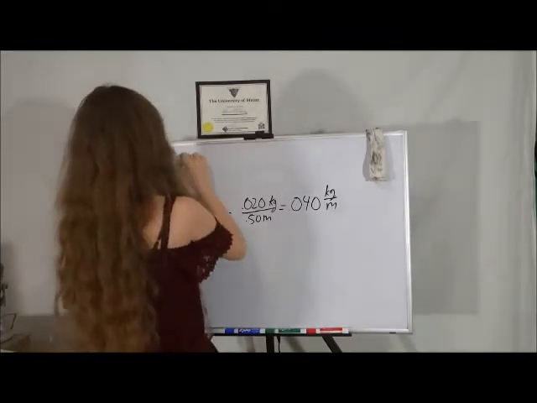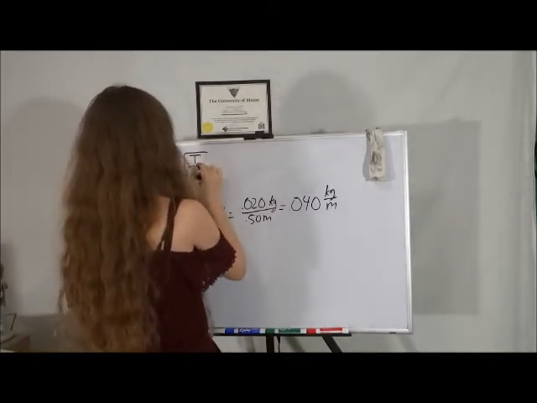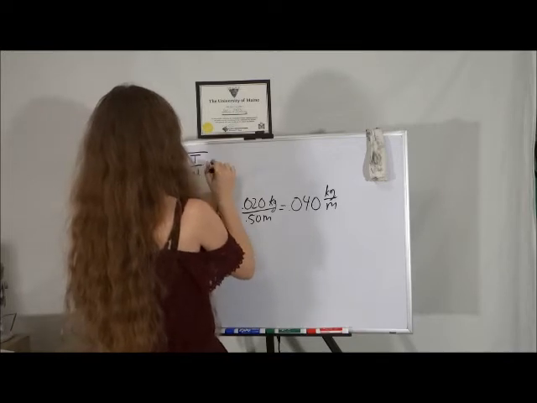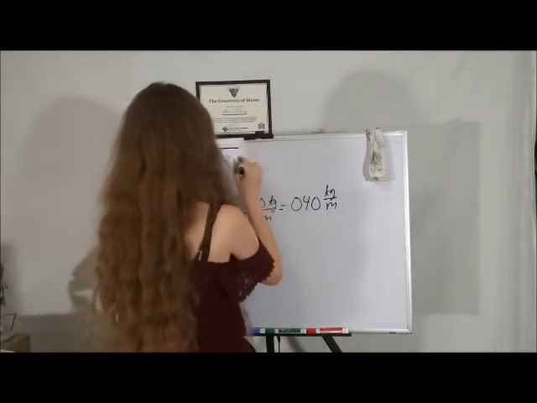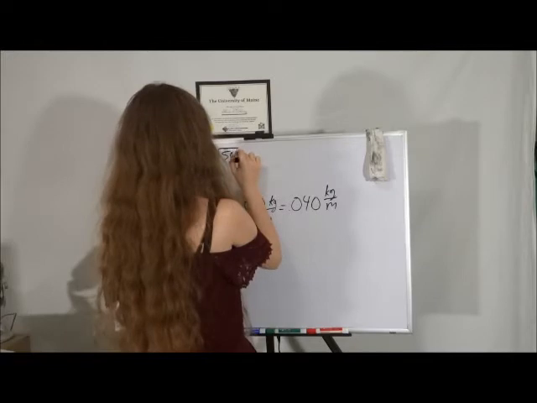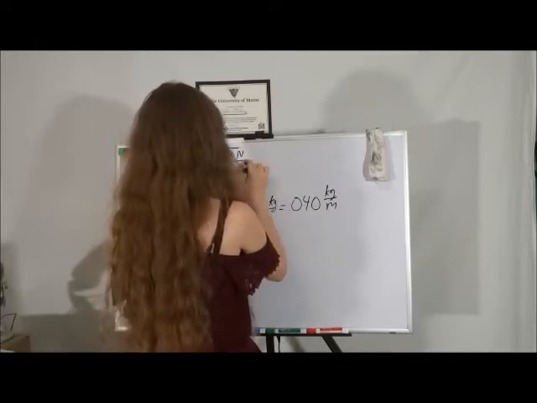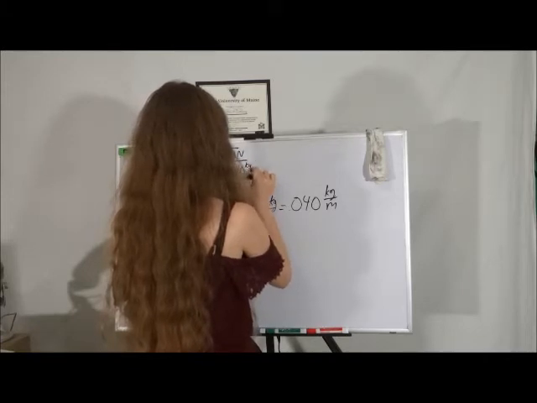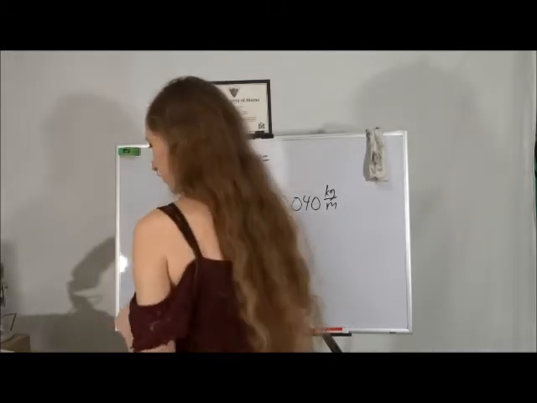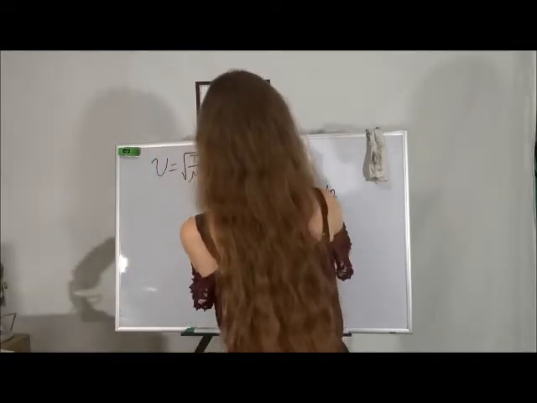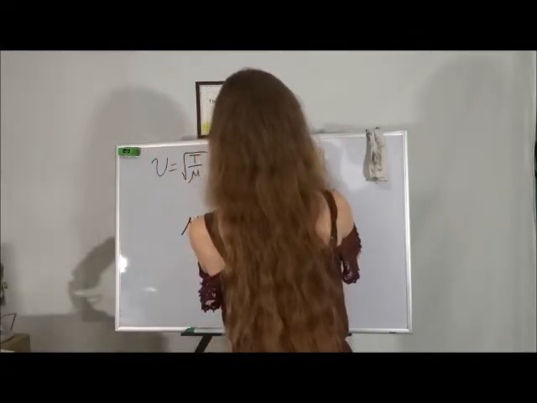v is equal to the square root of T over mu, so that's going to be the square root of, we said our tension was 50 newtons, and we're dividing that by 0.040 kilograms per meter, and this works out to be 11.18 meters per second.